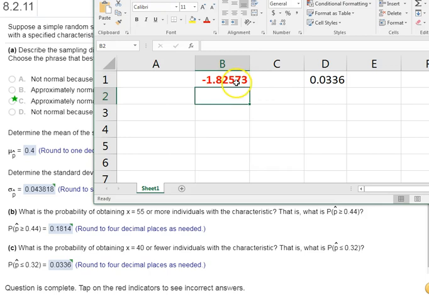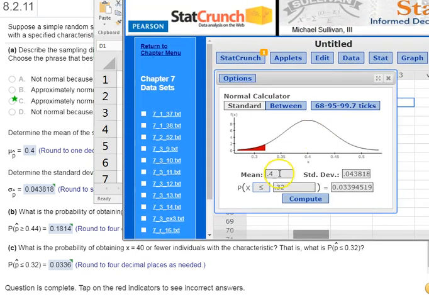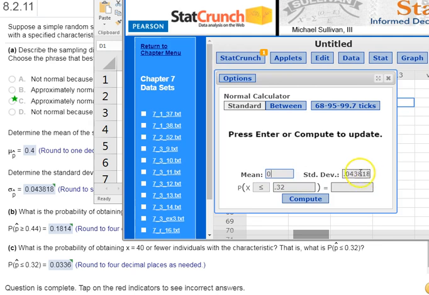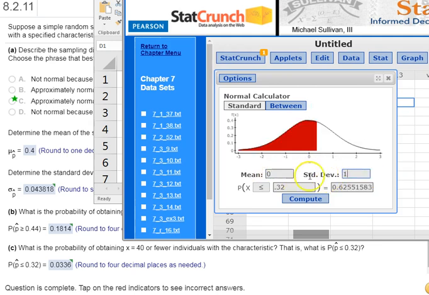And so typically when we work with Z values, we only round them to 2 decimal spots. And so this to 2 decimal spots is negative 1.83 as the Z value. And you're going to get the correct answer then, and I can come in here. Remember, with Z values, we can use 1 for the standard deviation, 0 for the mean, so we're looking at the standard normal curve here.